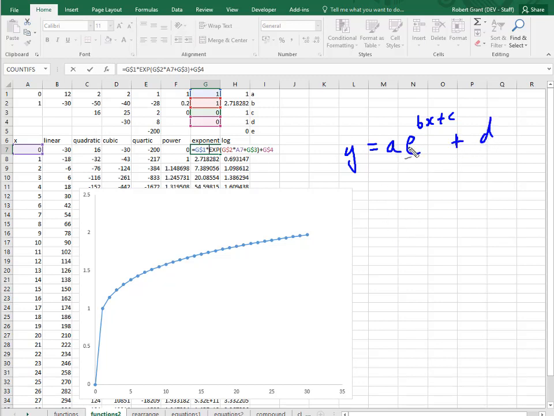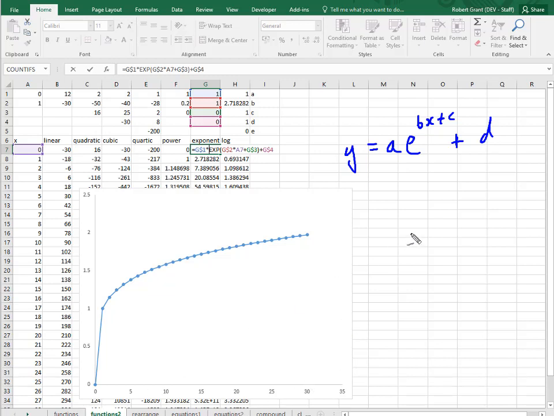So we've got a magnifying factor, a moving up and down factor, and then this will condense the graph in this kind of direction. Oh, it'll translate the graph. c will move the graph leftwards and rightwards, and b will, what's the phrase, squash it towards the origin, condense it, compress it.